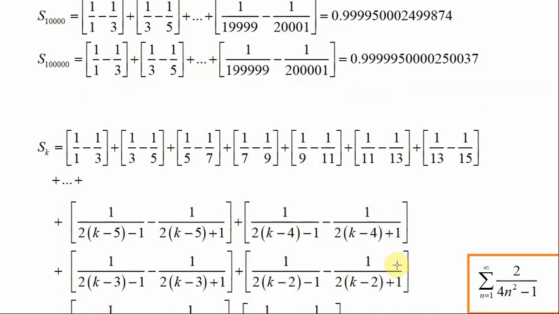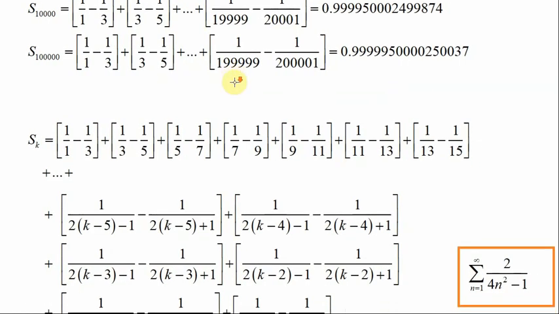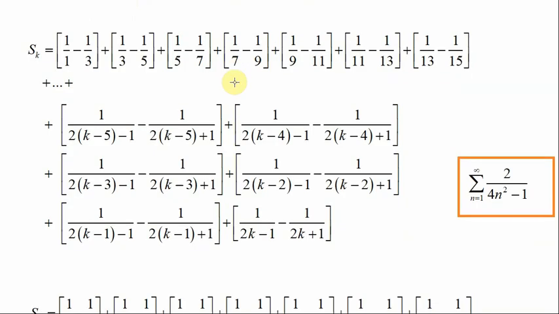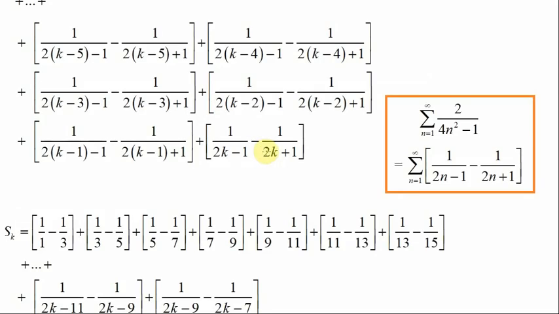And now let's find the sum of the first k terms. So this is the sum. These are the first 7 terms. This is the kth term. So in the place of n, we just have k.